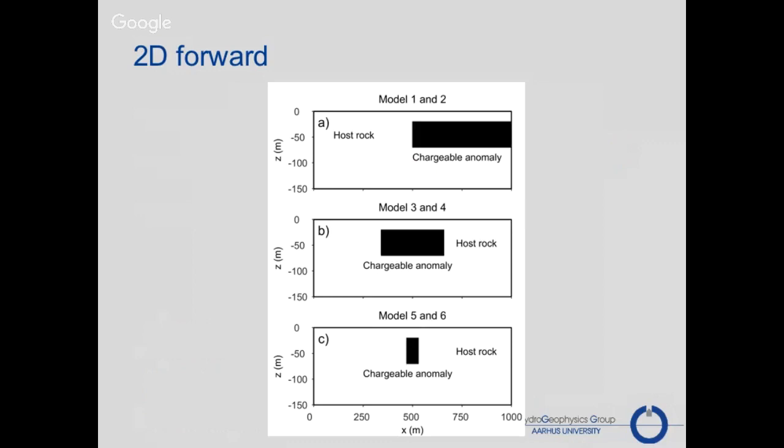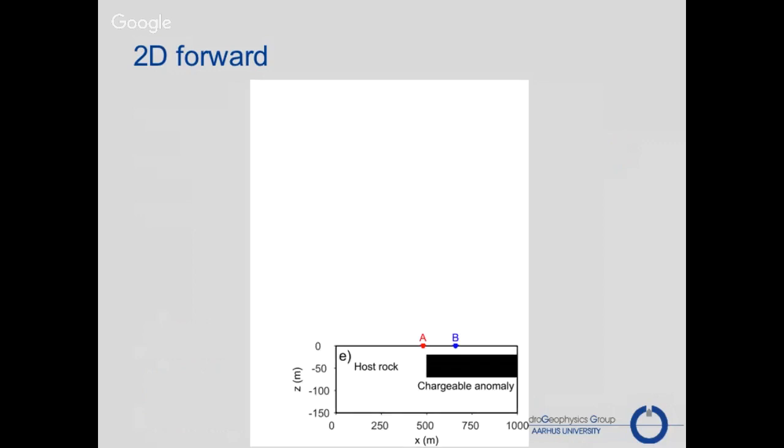So for the resistive case, we have 5,000 meter for the host and 500 meter for the anomaly. And then again, we have an infinite block, a long block, and a small block. And here we have soundings every 20 meters. And this is 1 kilometer fly.